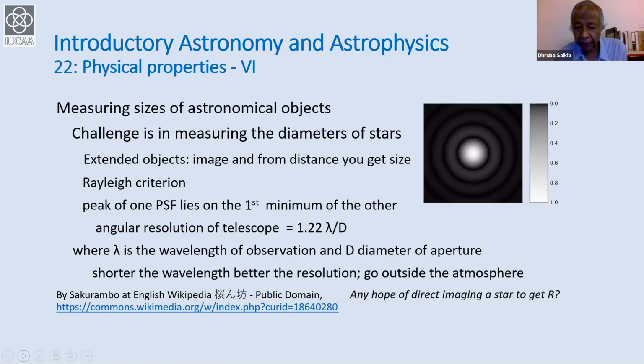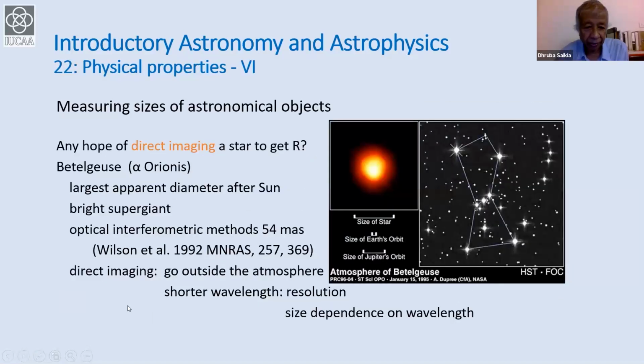But is there any hope of direct imaging of a star to get R, the radius of the star? The answer is yes, but it has to be a pretty massive star. Its intrinsic linear dimensions have to be very large. And this has been done. For example, what I've shown you here is Betelgeuse, the red giant star which you can see in the constellation Orion, a bright supergiant.